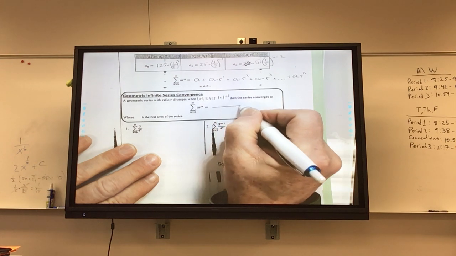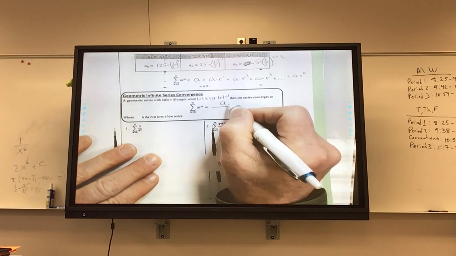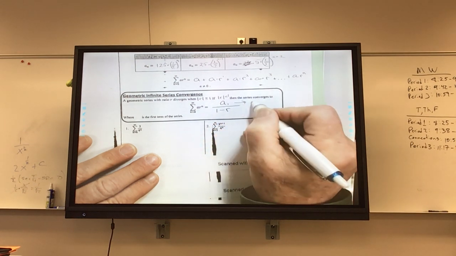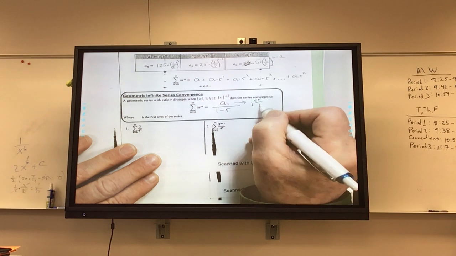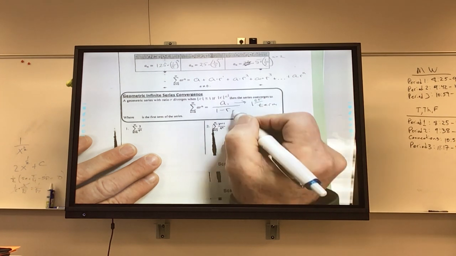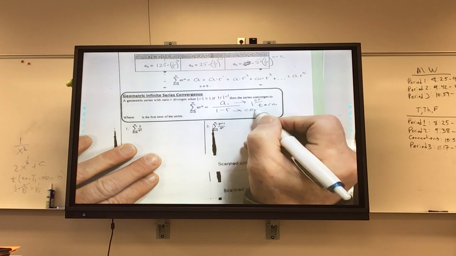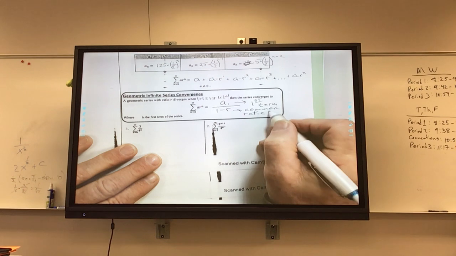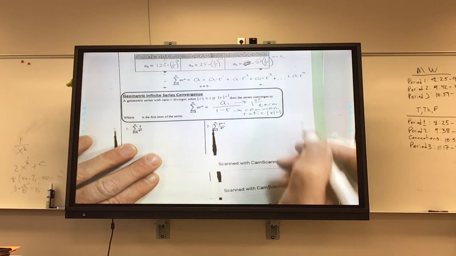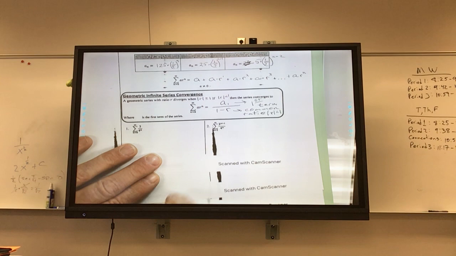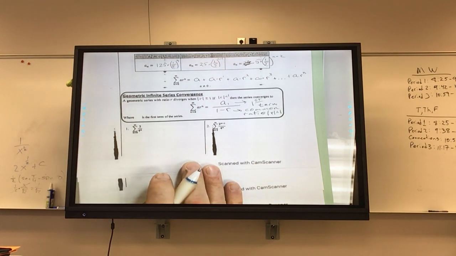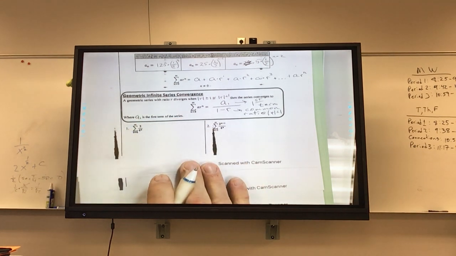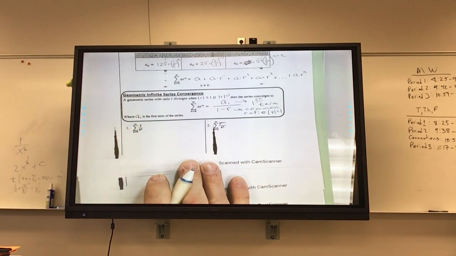And this is the formula I always use: a sub 1 over 1 minus r, where a sub 1 is the first term and r is the common ratio, and the absolute value of r has to be less than 1. And I'm going to write a sub 1 is the first term of the series. It's been a little bit redundant.